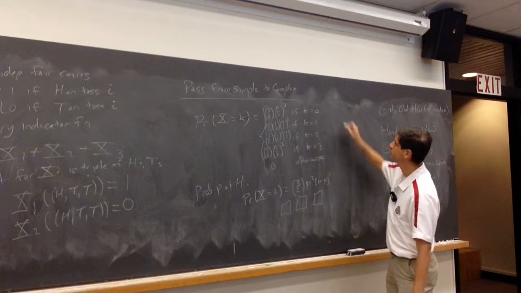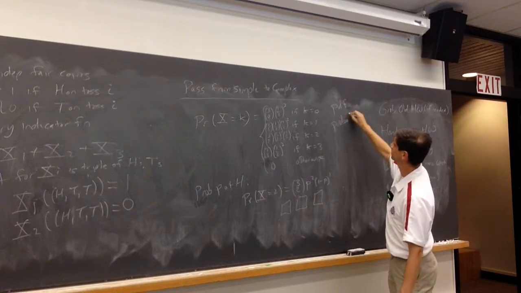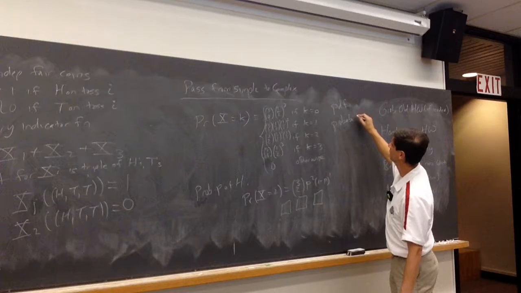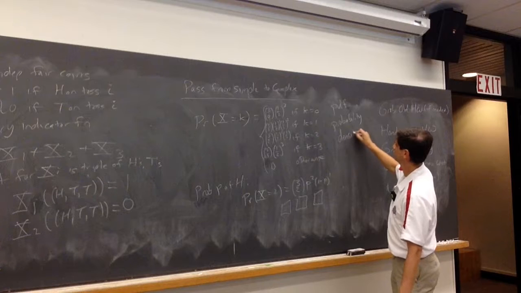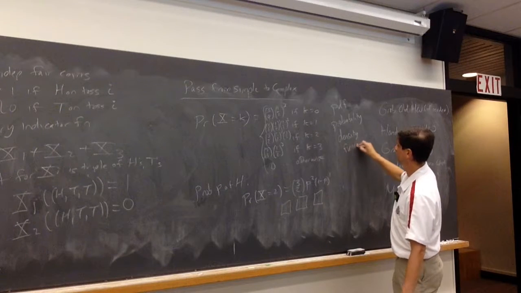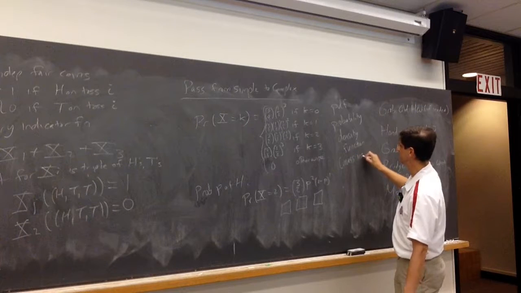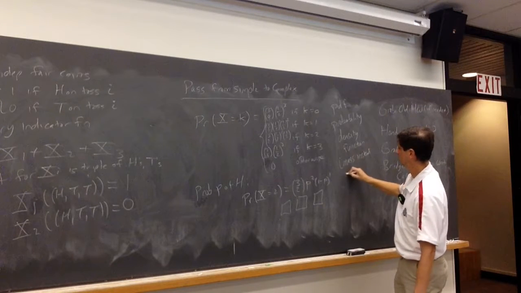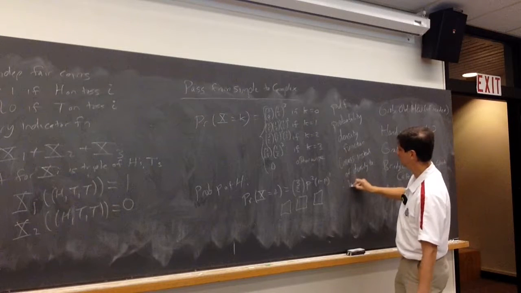So we call this a PDF, a probability density function. Sometimes people use mass instead of density, to highlight discreteness.